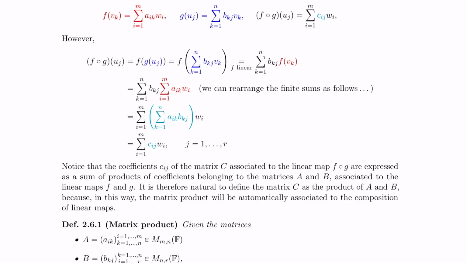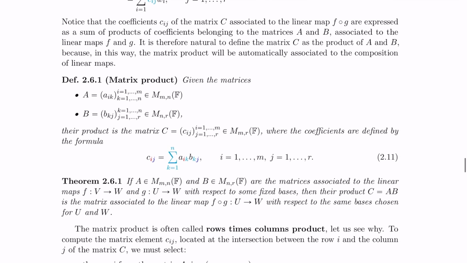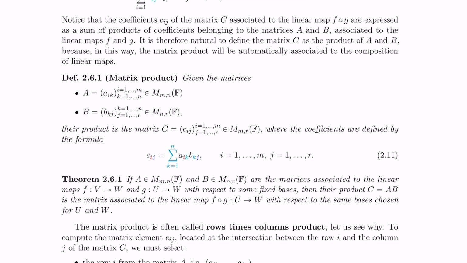This computation is the reason underlying the definition of matrix product. Given two matrices A and B, the first with dimension m times n and the second with dimension n times r, the matrix product C is a matrix with dimension m times r, whose coefficients are given by the formula that we have found before.